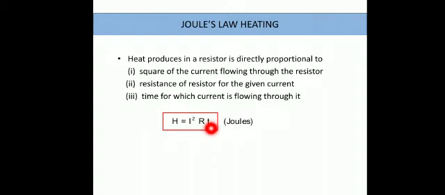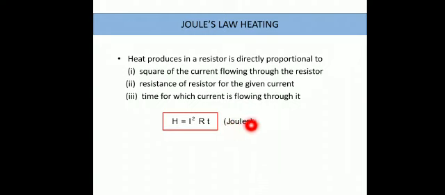Even if the value of current is less and the current flows for a very long time, the heat produced will be high. So it does not only depend on time, it also depends on the resistance of the wire and the current. If a very large current flows for a very short time, still the heat energy produced will be very high. And heat energy is always measured in joules.